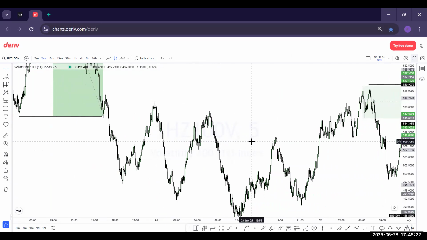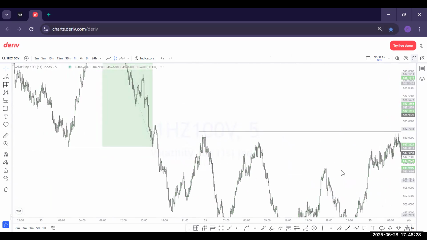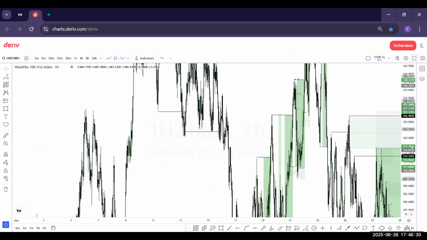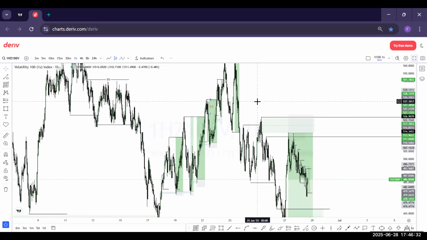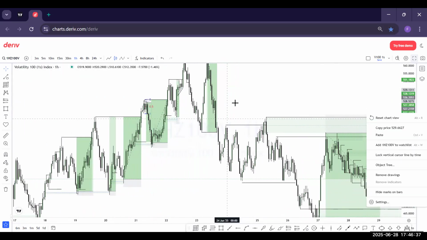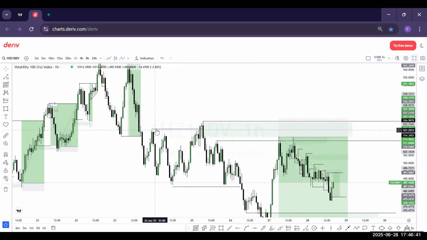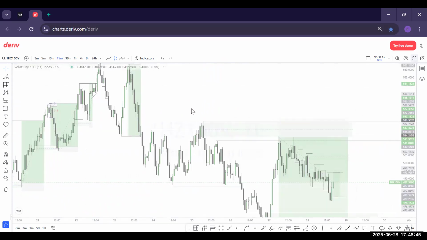So now what do we have here? Let me go back to 1 hour time frame. On 1 hour time frame, we have this liquidity here, right? Which price swept. Let me go to 15-minute time frame.